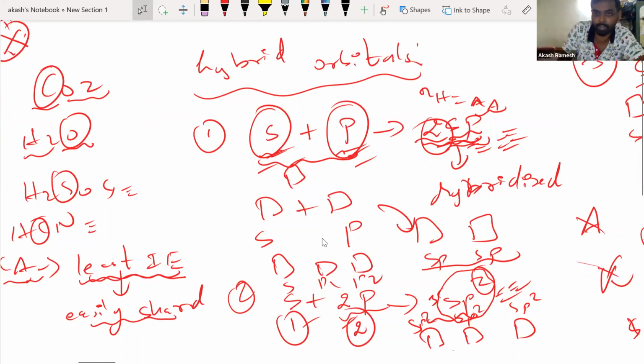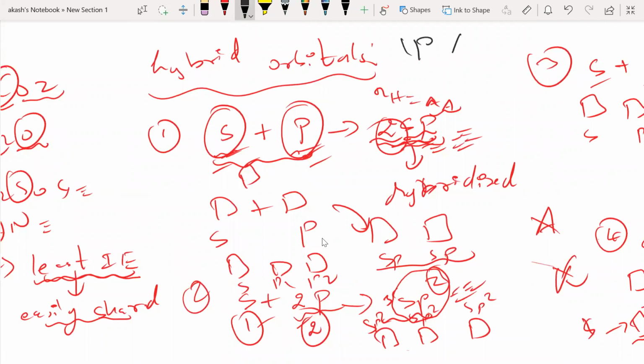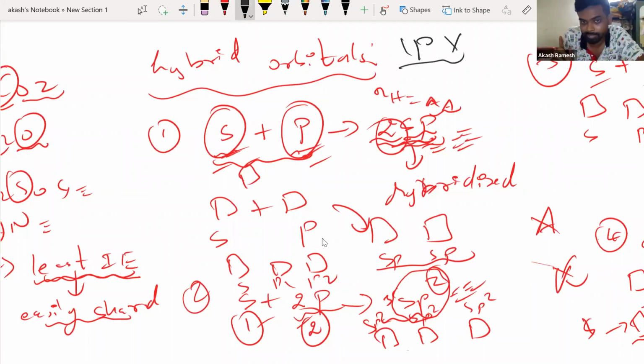See, first of all, there is no orbital called 1p, correct? When I say 1p, I'm talking about the number of p orbitals, one p orbital.